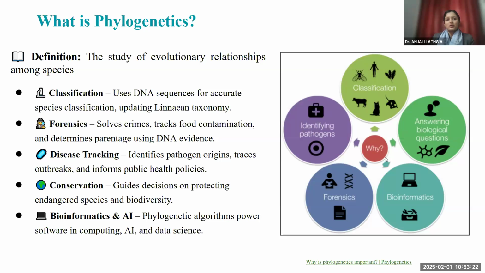So in bioinformatic approaches you design algorithms and processes to generate insights out of that data. That is also one part of our discussion here. So basically, phylogenetics is important for classification, forensics, disease tracking, conservation, and then bioinformatics and AI development specific to evolutionary sciences.